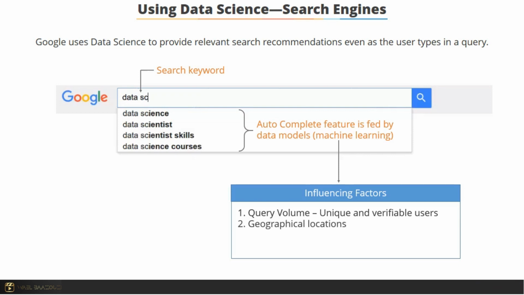Another important factor is the geographical location. The algorithms tag a query with the locations from where it is generated. This makes a query volume location specific. It's a very important feature because this allows Google to provide relevant search recommendations to its user based on his or her location.